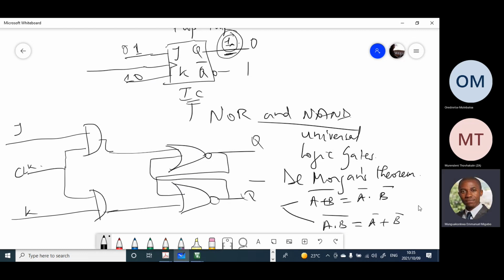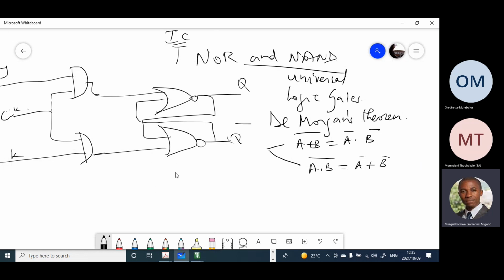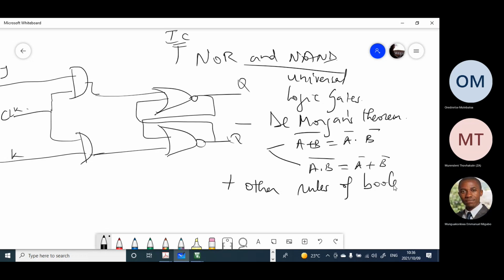Thanks to De Morgan's theorem and other rules of Boolean algebra, we can bring any other logic gate to its equivalent in terms of NOR gates only or NAND gates only. Means we use universal logic gates.